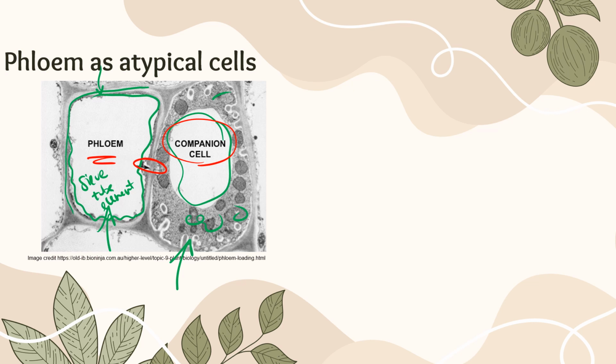We talked about atypical cells a really long time ago. Let's talk about those other examples of atypical cells. So phloem are atypical cells. Other examples are erythrocytes. Remember, that's our fancy word for red blood cell. Erythrocytes are also anucleate, they don't have a nucleus, just like our sieve tube elements.